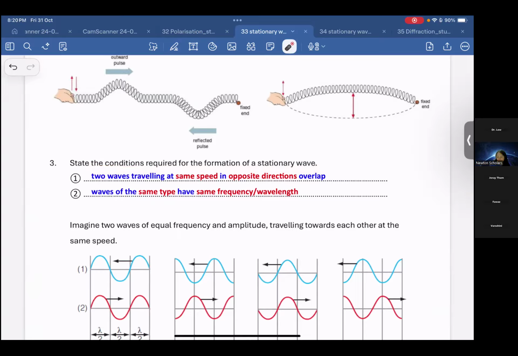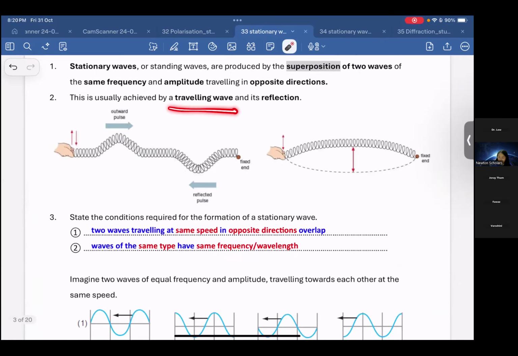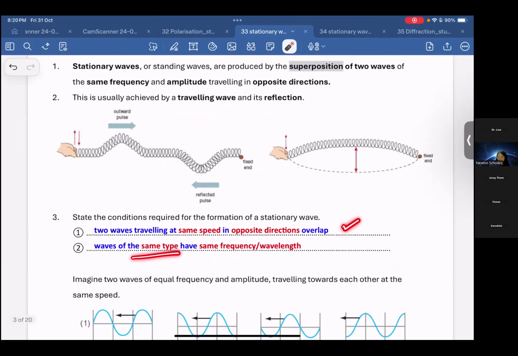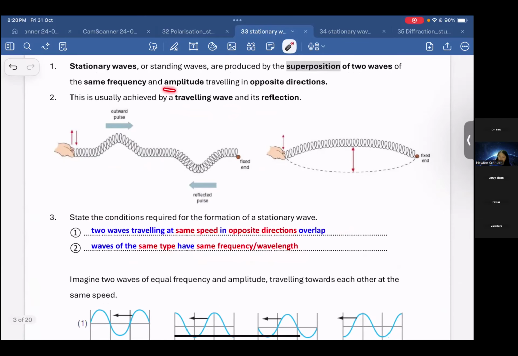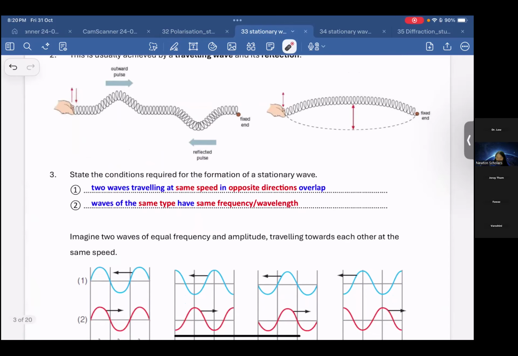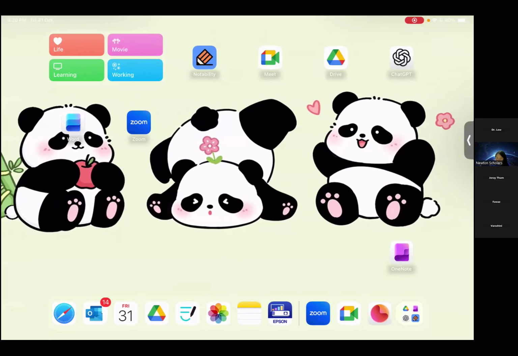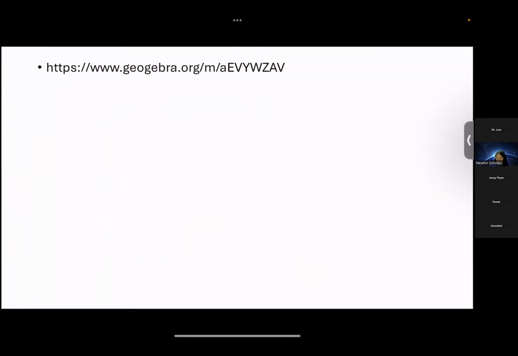So you have to explain that the two waves travel at the same speed in opposite directions. Or more clearly, the traveling wave and the reflected wave travel at the same speed in opposite directions and overlap. Same type, same frequency, same amplitude. So here is how it works for the standing wave.